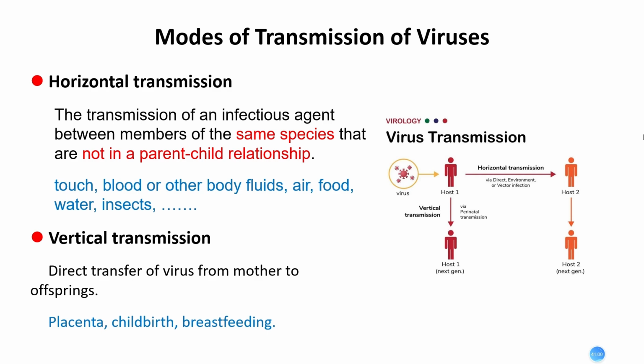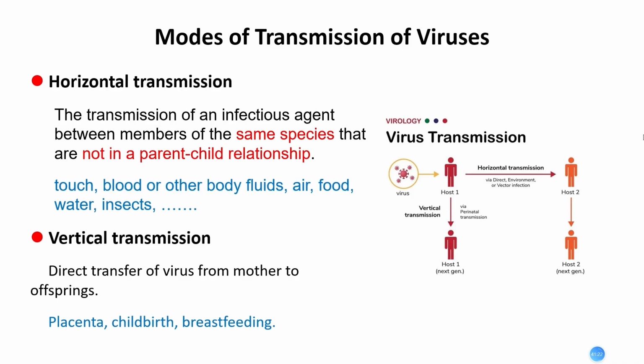If someone is suffering from flu infection, the person might release the influenza virus in droplets, the aerosol, which can be inhaled by another person. So that causes the spreading of influenza virus.